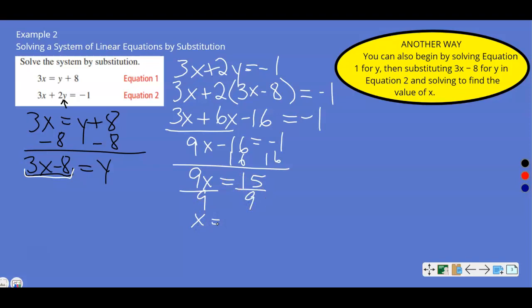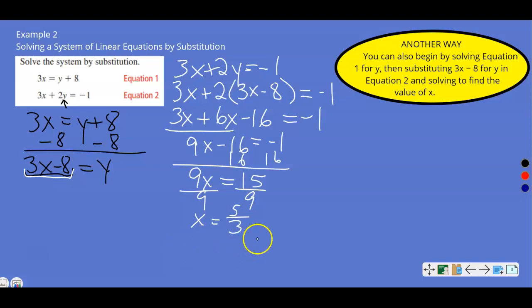All right, 15 and 9 are both divisible by 3, so we can simplify that. 3 goes into 15 5 times, and 3 goes into 9 3 times, so that's going to be 5/3.